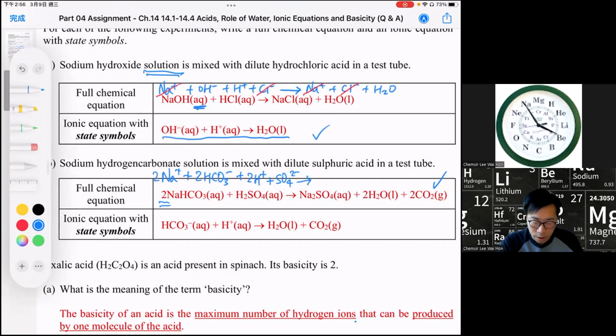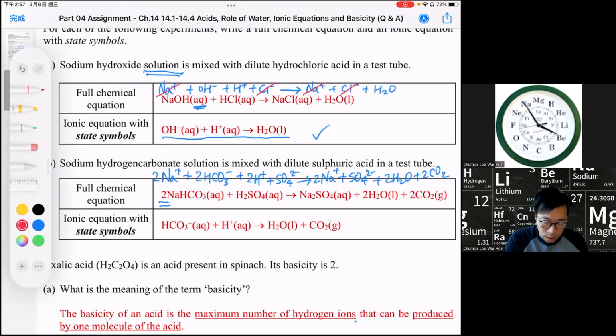On the right-hand side, sodium sulfate is an ionic compound, so you break down the formula of sodium sulfate like this, giving 2 H2O and 2 CO2.